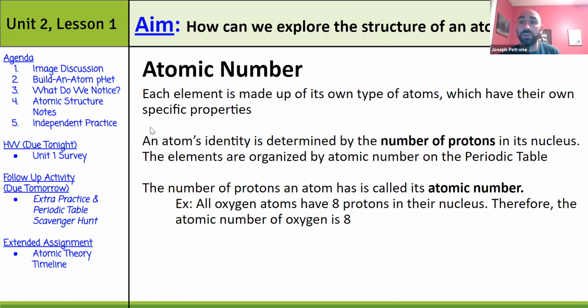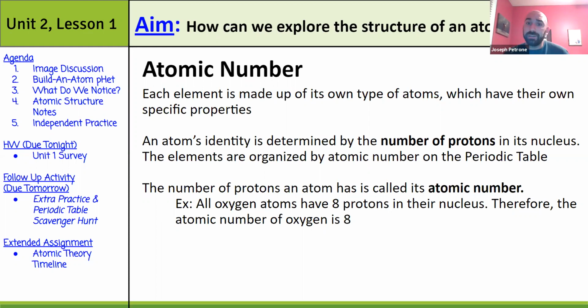So now we're going to talk about some of the components of the periodic table and how they relate to the atom. The atomic number is this number that we saw directly under the element symbol, that bolded one. For lithium, it was 3. As we know, each element is made up of its own types of atoms, and these atoms all have their own specific properties.